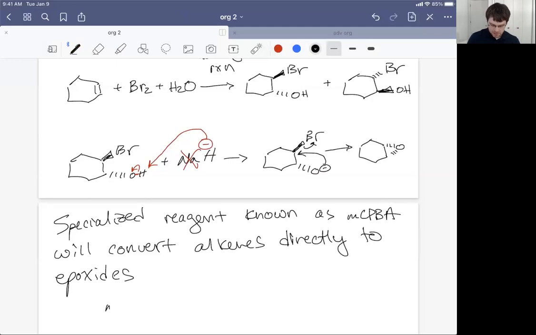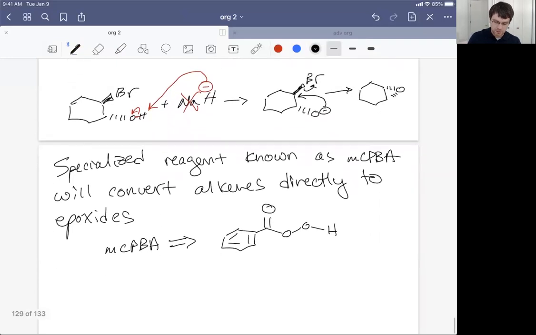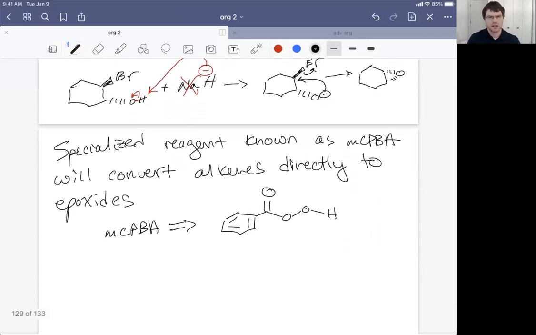So MCPBA is a reagent I want us to know for the next module, but I want us to know what it does now. So if you see MCPBA or this structure, I want you to know what this molecule does. But we'll worry about what MCPBA stands for when we talk about benzene rings, which I believe is the next module. I should check into that. Okay. Now, the important feature of this molecule is the peroxide.